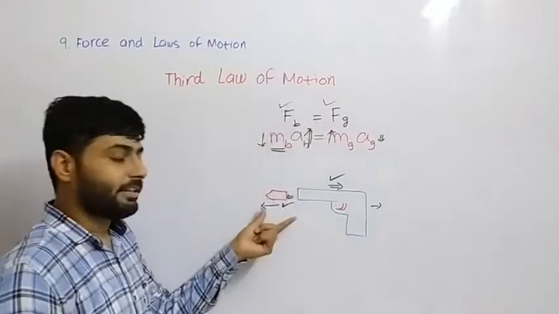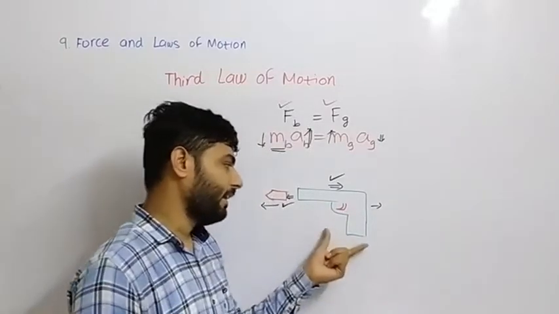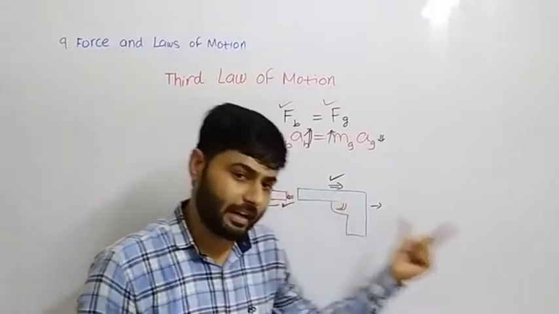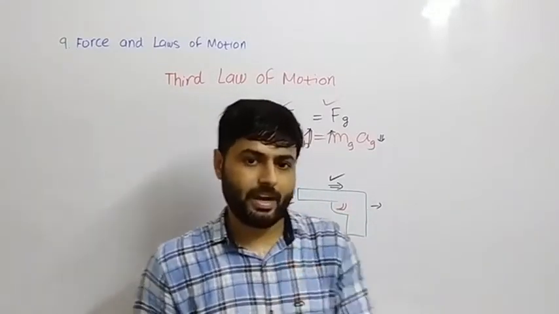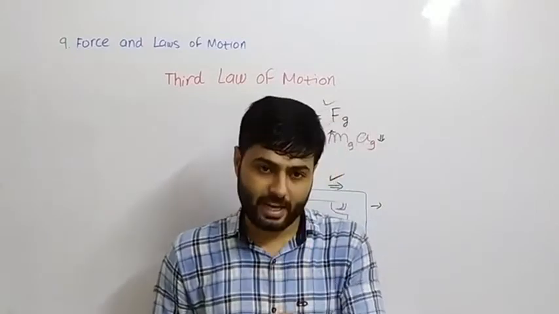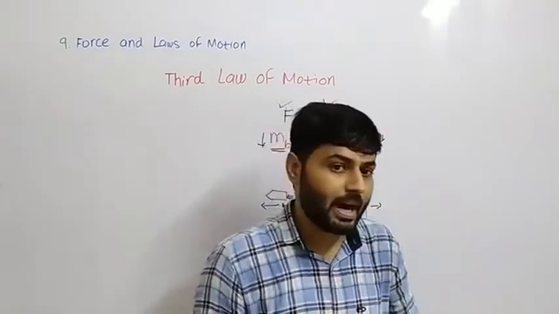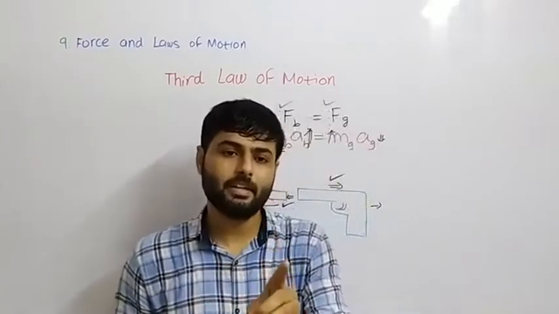So the bullet gets more acceleration and the gun gets less acceleration. So I hope now you understood that the force will be the same, but due to mass, the acceleration will be different.